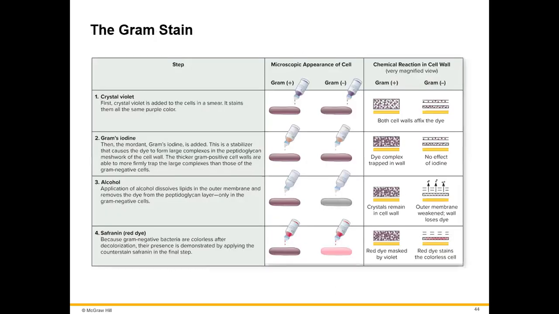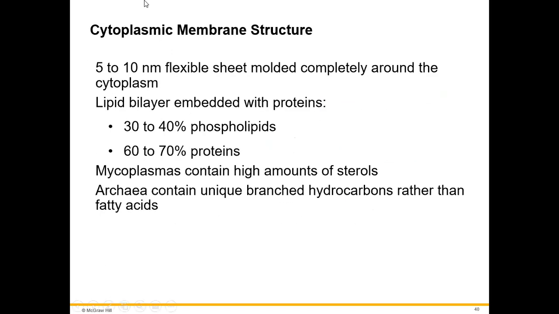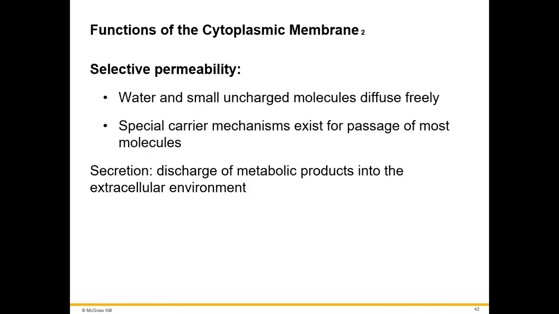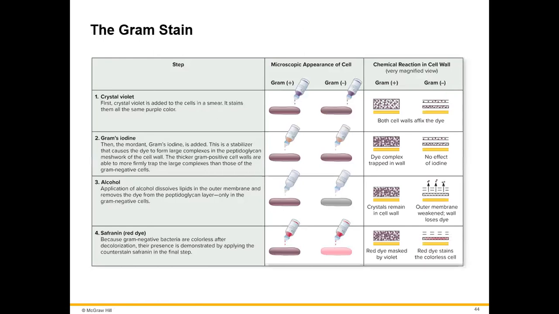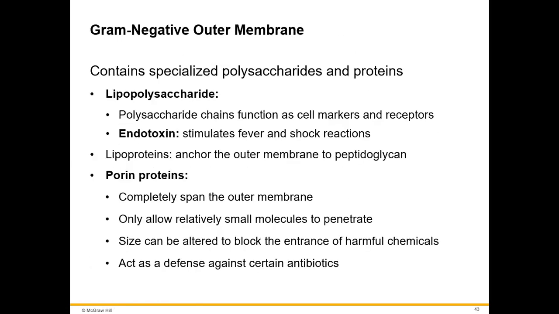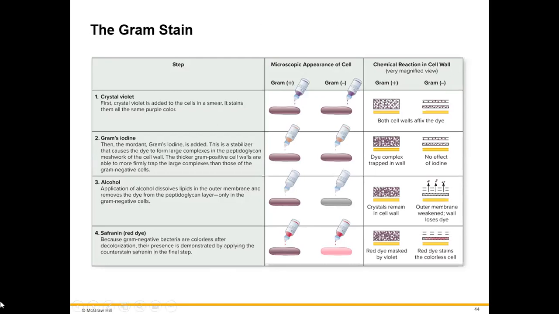Now, the gram stain is important to know, and these are the steps for the gram stain. If you're doing a gram stain, let's say you had a mixture of bacteria, gram-positive and gram-negative.